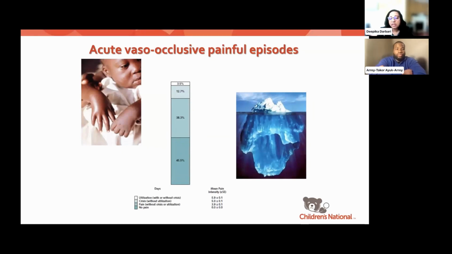As the patients get older, although they still come to the hospital for management of acute pain, when we see our patients for severe episodes of pain, it's just the tip of the iceberg. Many of our patients may not come to the emergency department or hospital, but they continue to experience pain as shown here. Next slide, please.